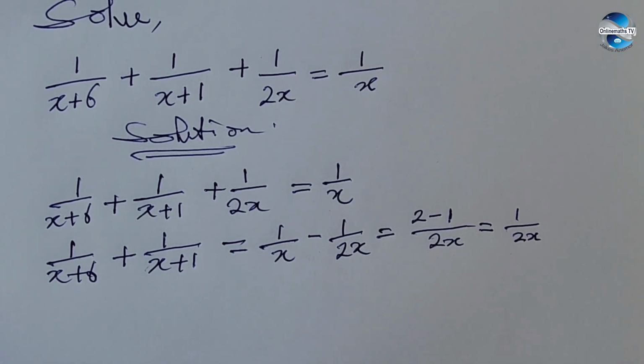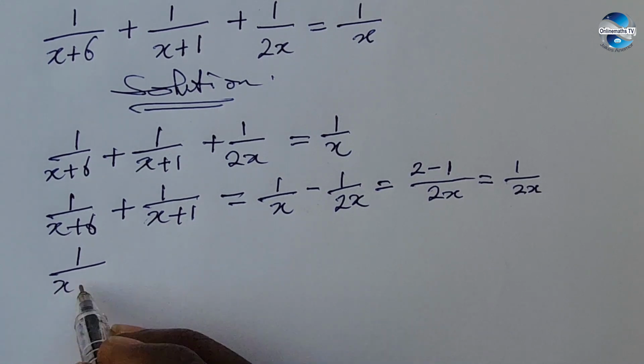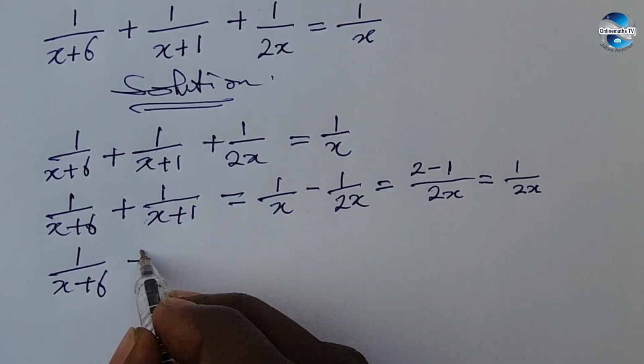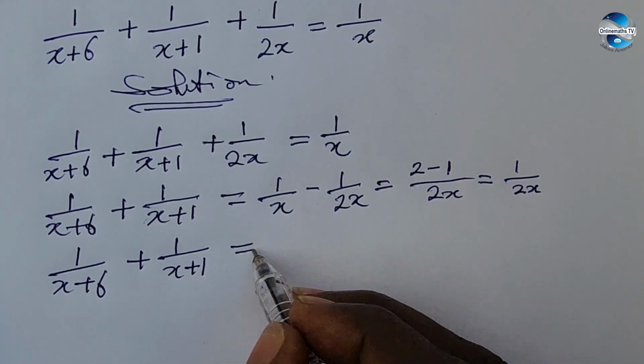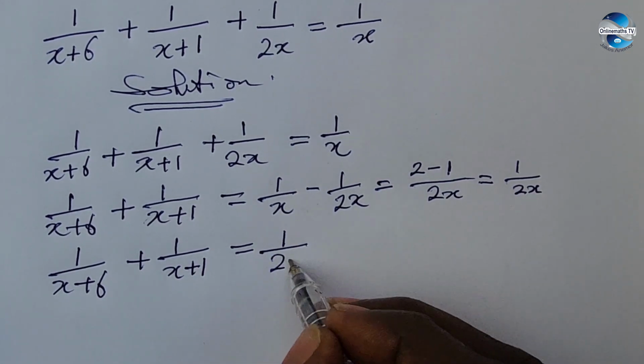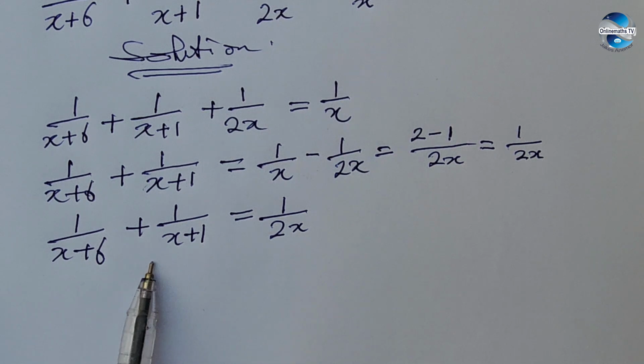So let's marry this and this together now. So this will now give us 1 all over x plus 6 plus 1 all over x plus 1 equal to 1 all over 2x. Easy, right? Good. So in this way we can find the LCM of the denominators on the left hand side.